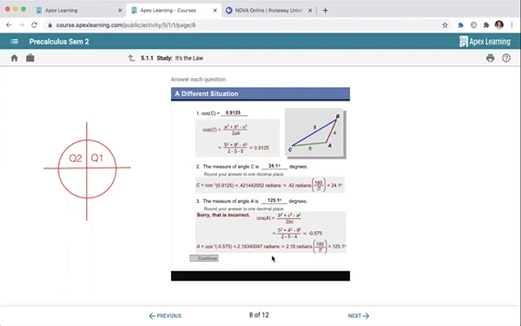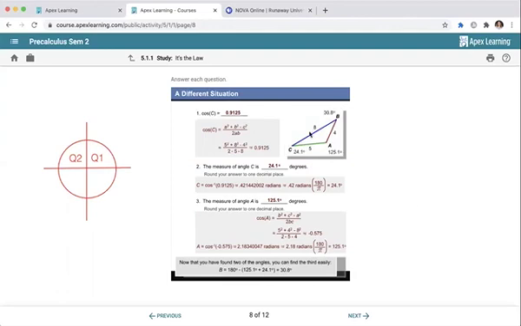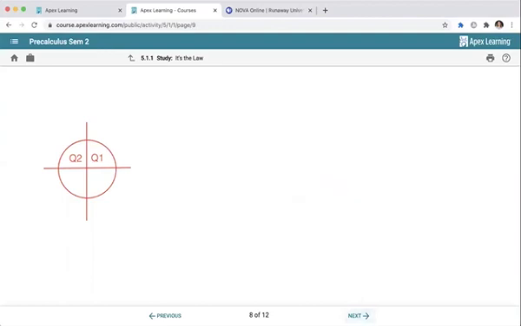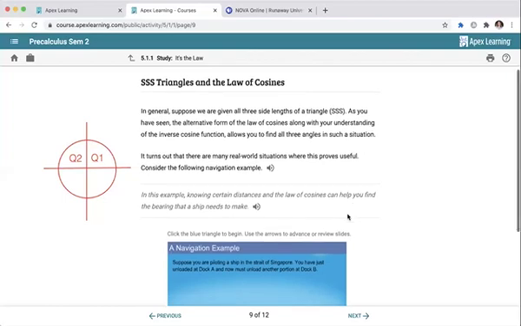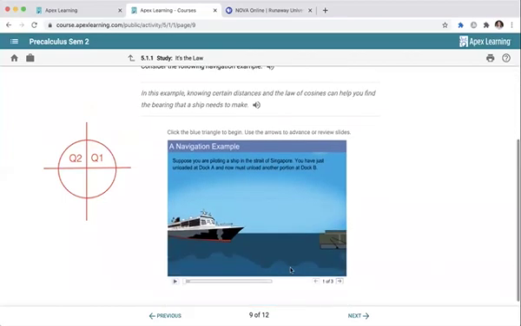Once we've gotten that, we plug in our inverse cosine and figure out the angle. Then, since we've got two out of our three angles, we can take 180 minus both of those angles and figure out our third easily. That would be our SSS triangle.